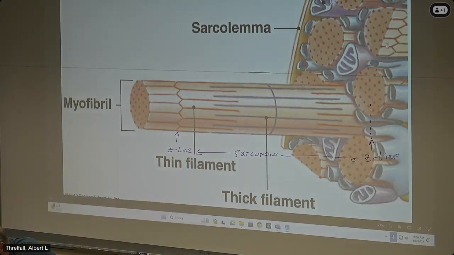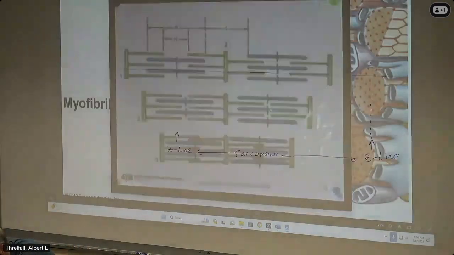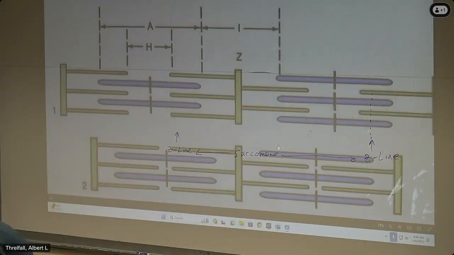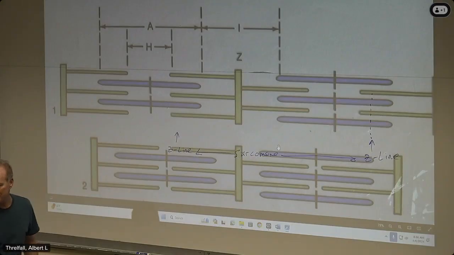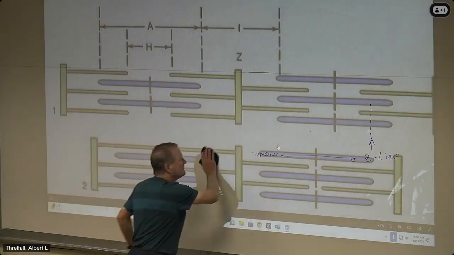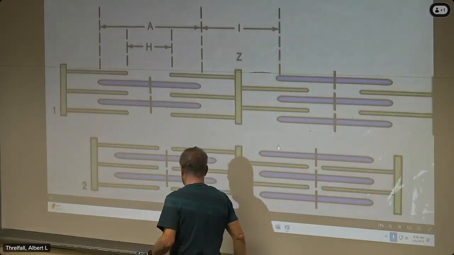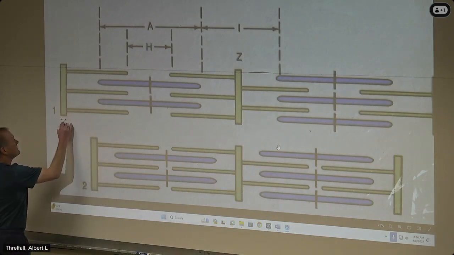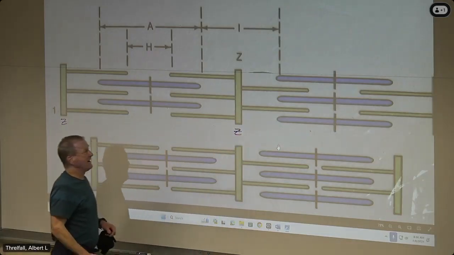As far as naming these different regions, I'm going to start with the simplest of pictures. So that's a Z line. That's a Z line.